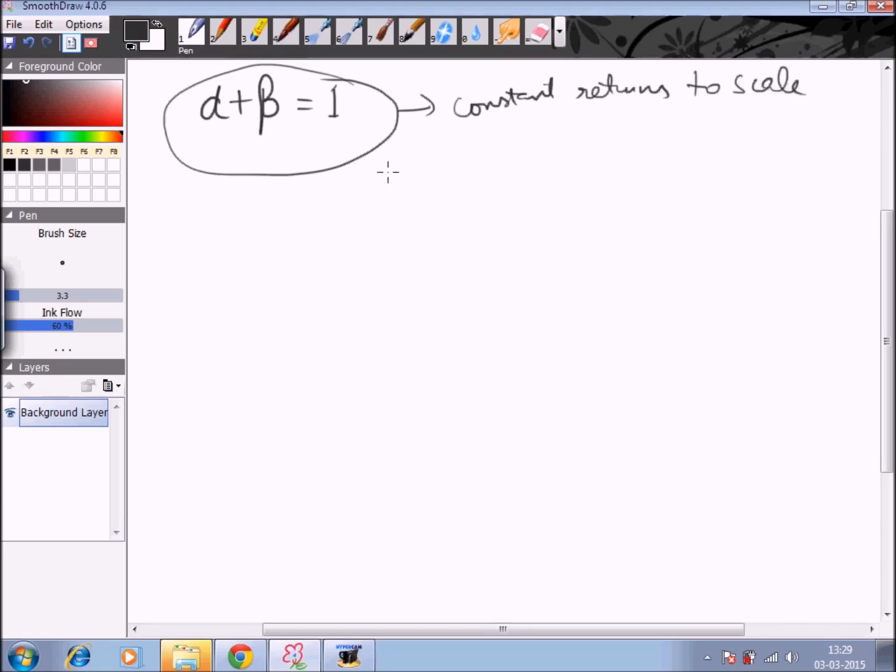This production function has constant returns to scale, which means that doubling the usage of capital and labor will also double the output Y. The other thing is that if alpha plus beta is less than 1, then this signifies decreasing returns to scale.